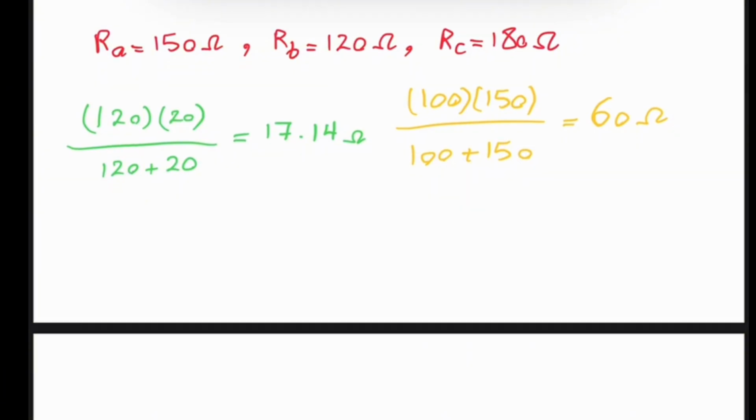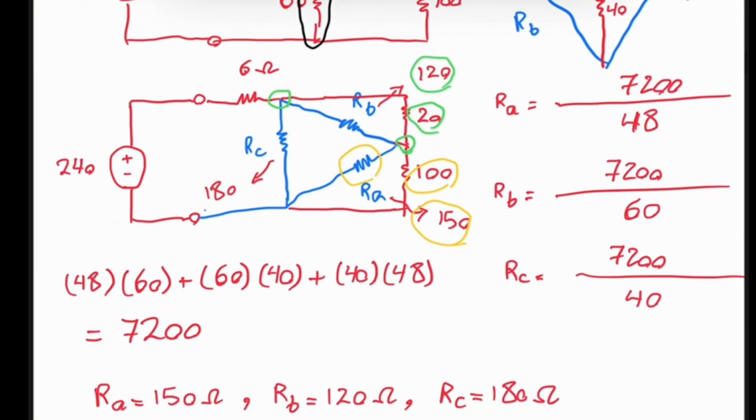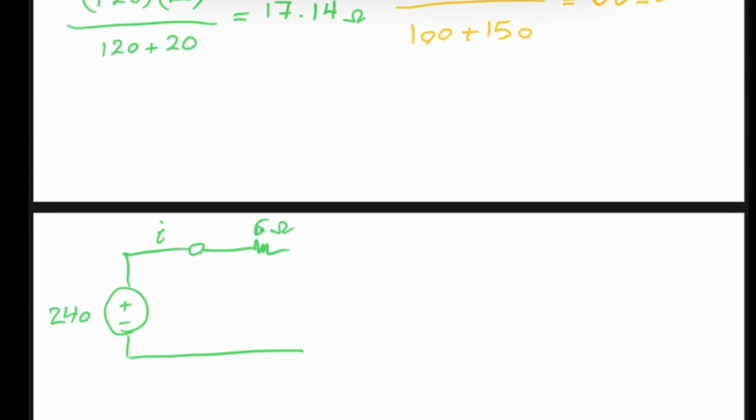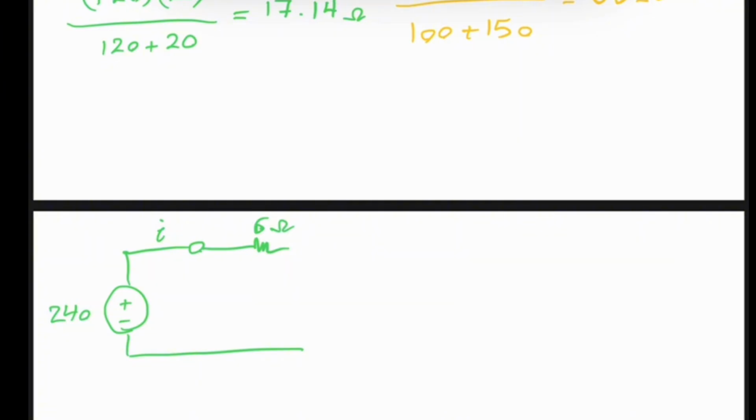If I redraw my circuit, it has the plus-minus 240 source, the current passes through the 6 ohm resistor, and then over here I have the 180 ohm resistor.